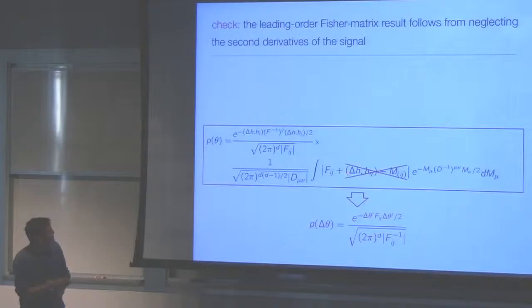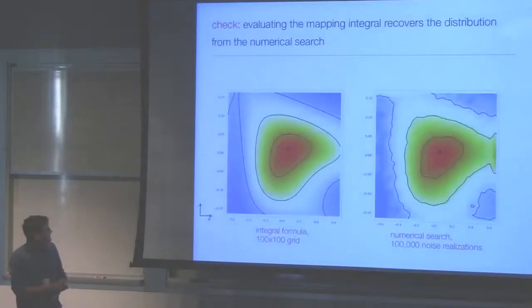This integrates out. The determinant kind of cancels out the square root of these, and you're back to the Fisher matrix result. Also, as a check, one can do the numerical problem that I did by evaluating this integral numerically. And you can tell this is basically the same distribution, except it doesn't suffer from numerical error.